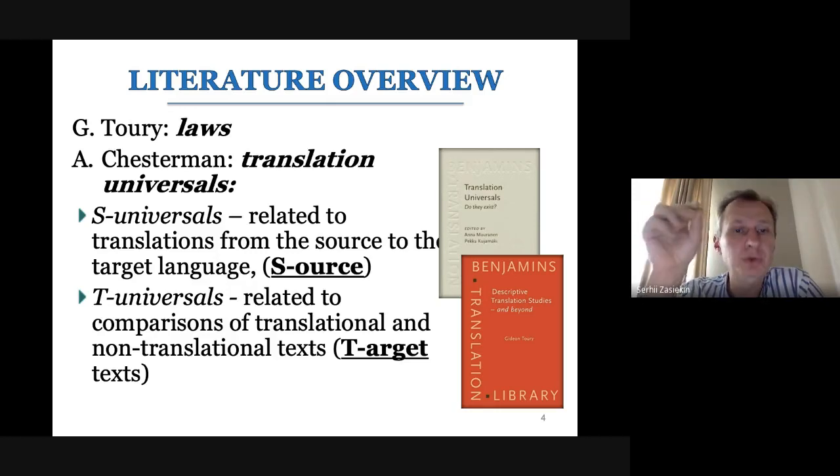Because by S universals, he means those related to translations from the source to the target language. That is S, source. And T universals are related to comparisons of translational and non-translational texts. That is, target text. When we compare a translated text in the target language with texts that are not translated in this language, that is, naturally produced by native speakers.